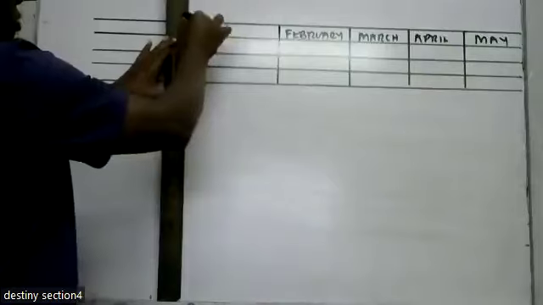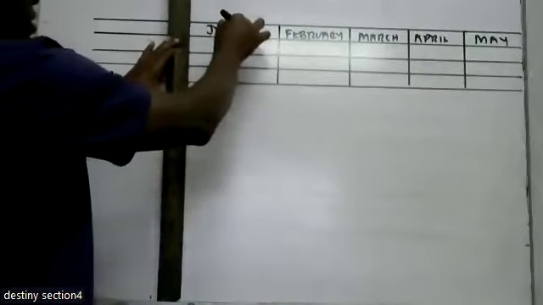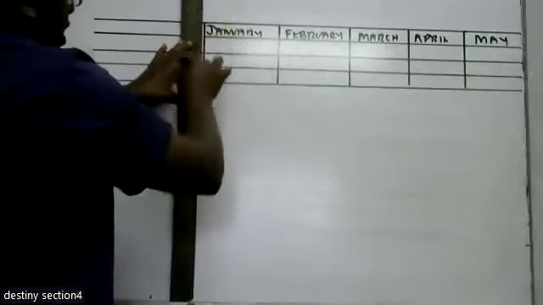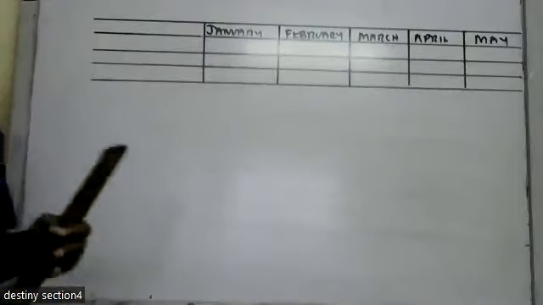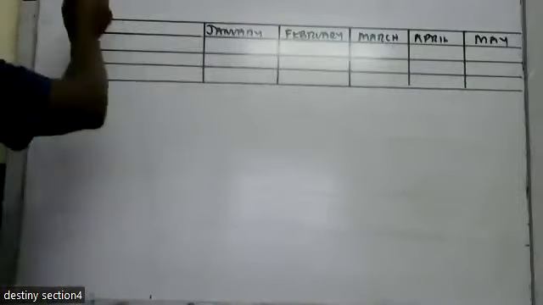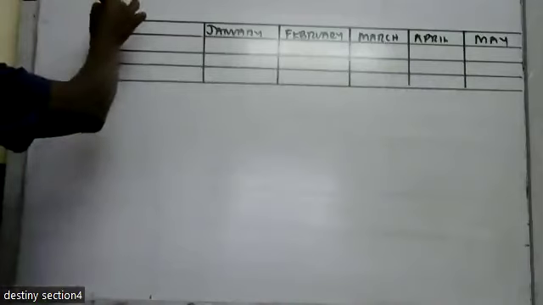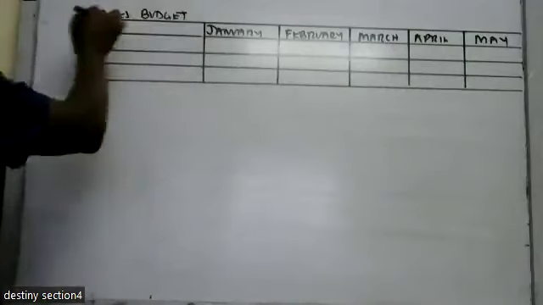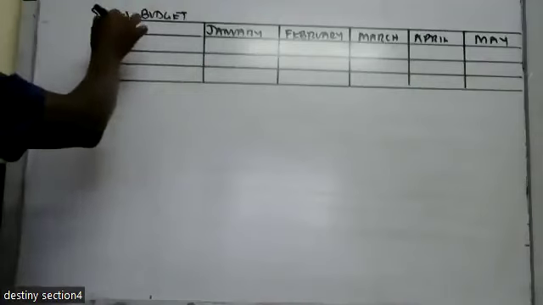Alafu sasa hapa unakuja unasema January. January and May they are not required, but you may realize for us to get some of these workings we require to borrow something from January and what? So this is sales budget. Sales budget. So sales budget tumesema kwa details.